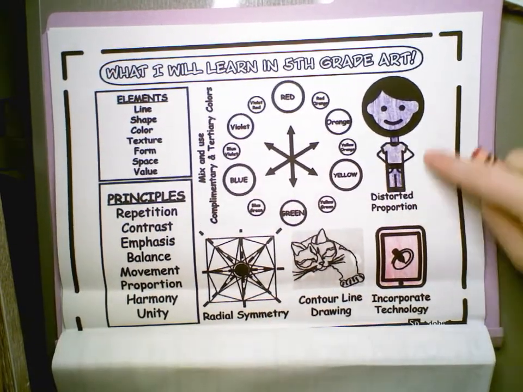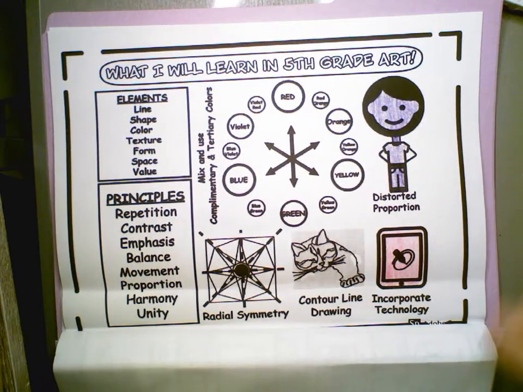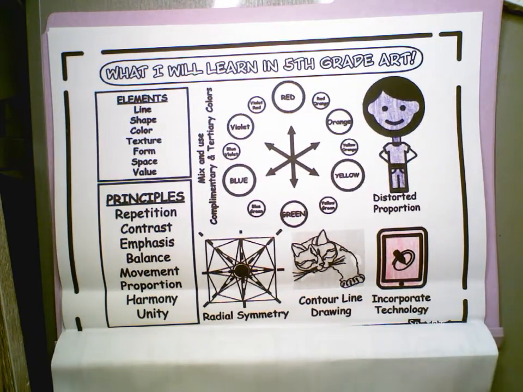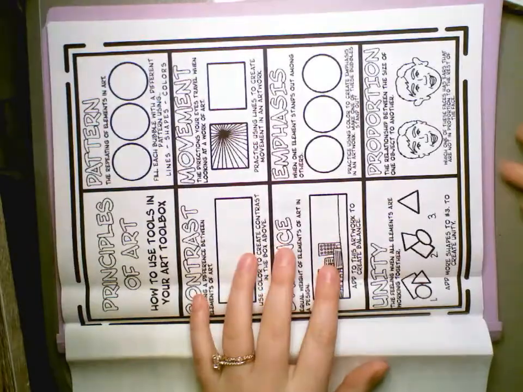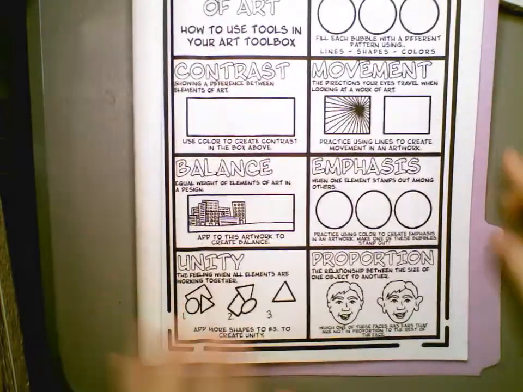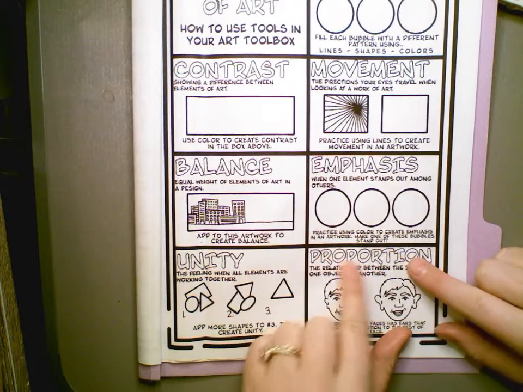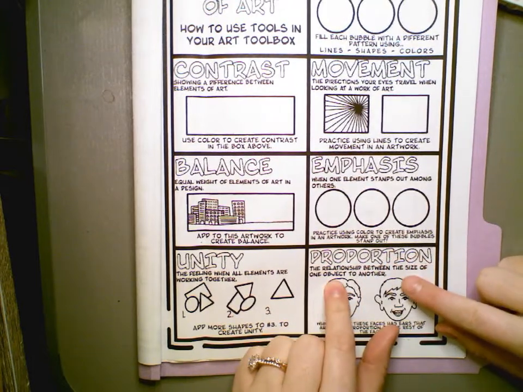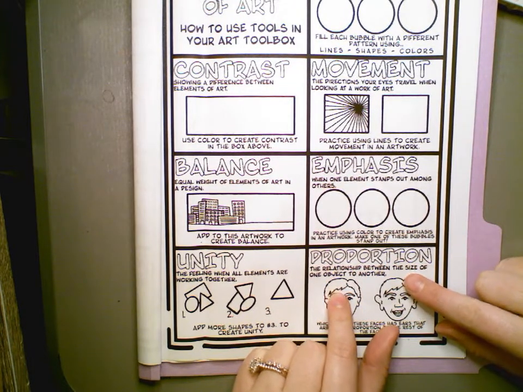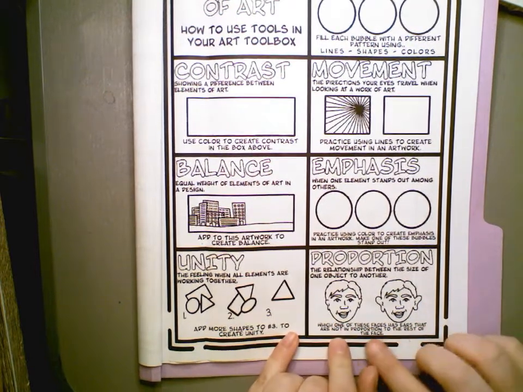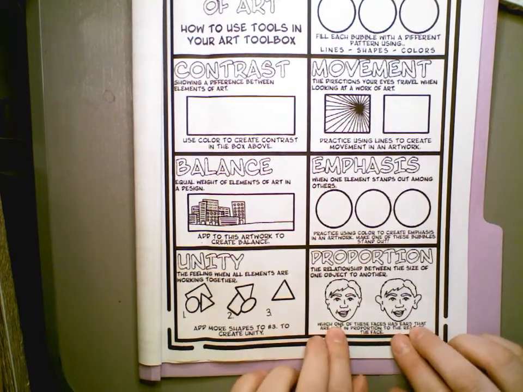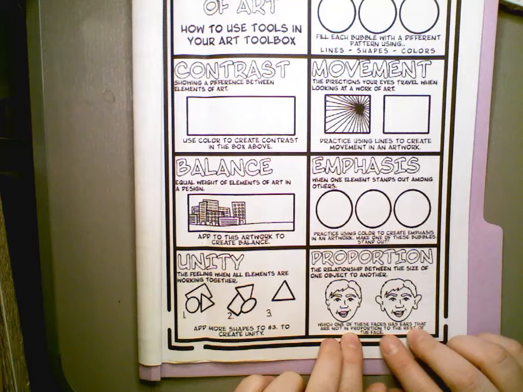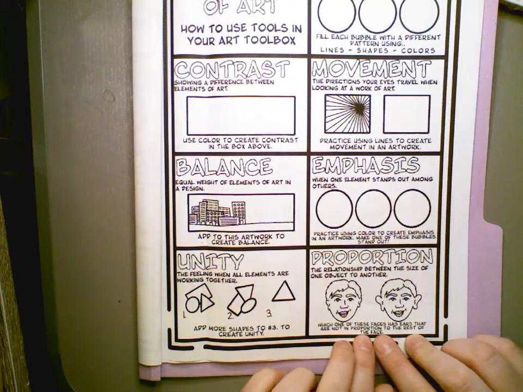So distorted proportion. Proportion is how big or small something is compared to other things around it. For example, here's proportion, the relationship between the size of one object to another. So, which one of these faces has ears that are not in proportion to the rest of the face?